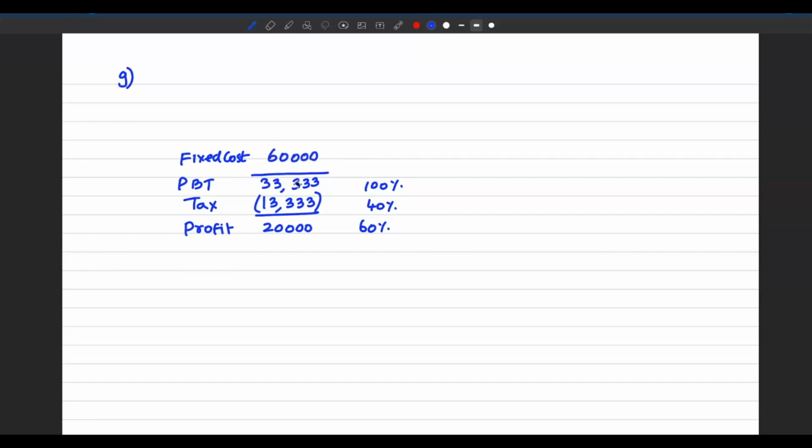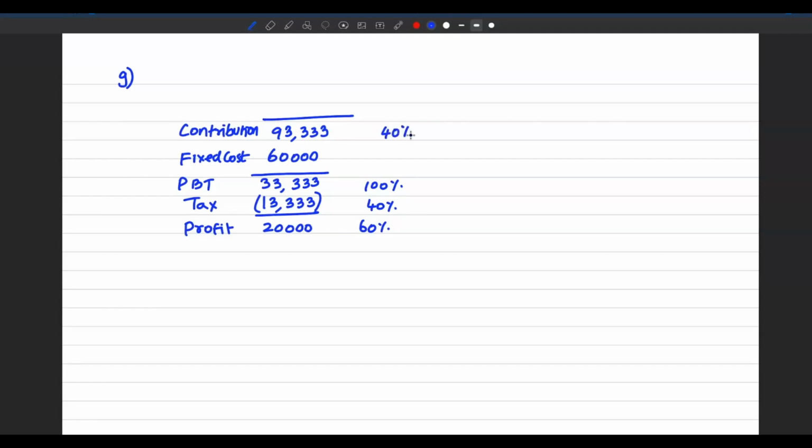So this PBT is arrived after subtracting the fixed cost of 60,000 from contribution. So what will be the contribution? Obvious, it will be the sum of these two, that is 60,000 plus 33,333. It means 93,333.